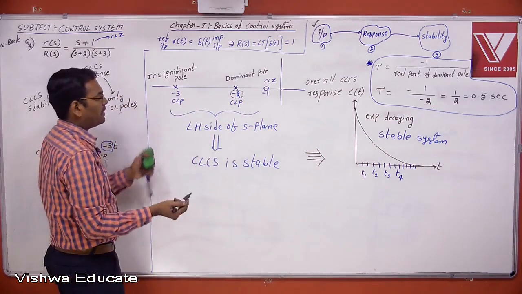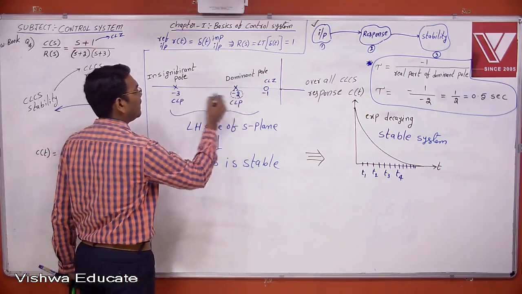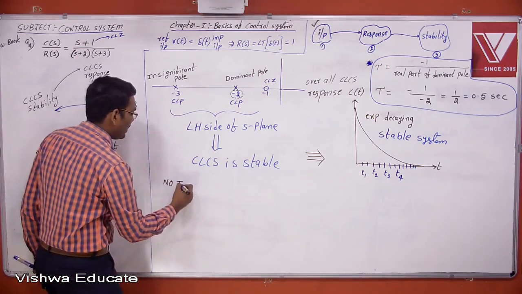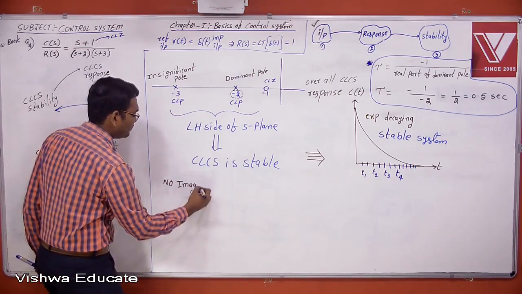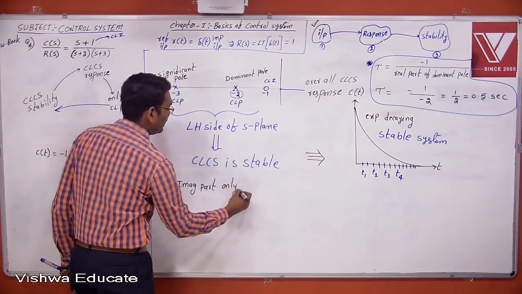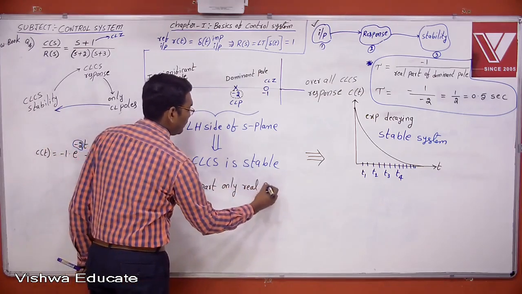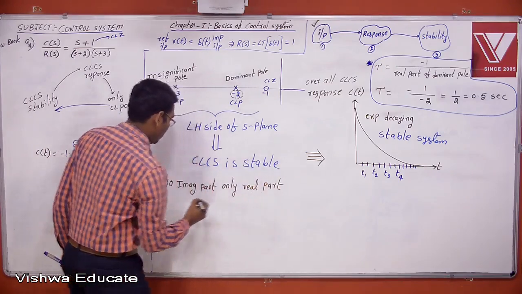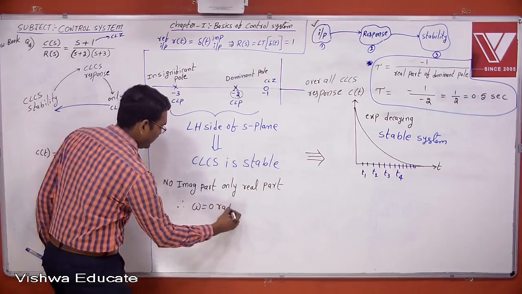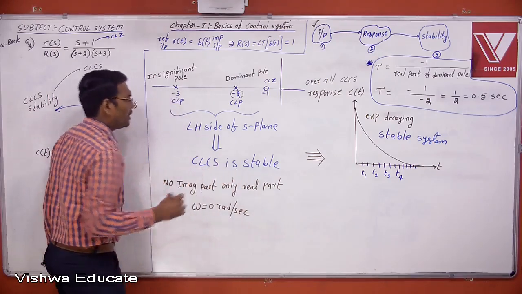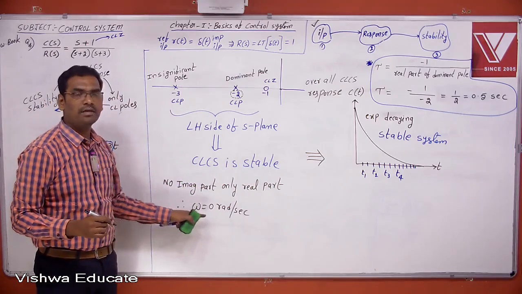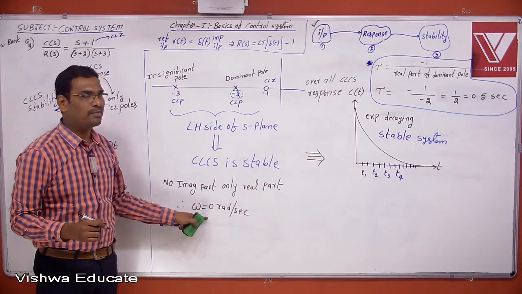Therefore the frequency of oscillation is 0 radians per second, which we already finished.